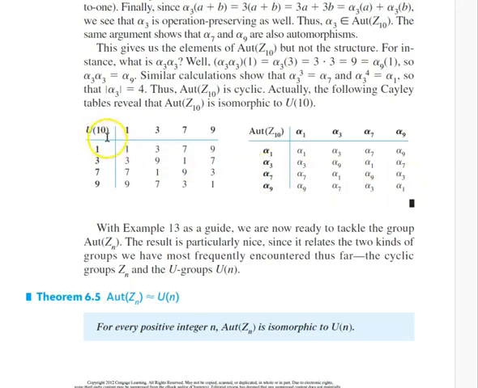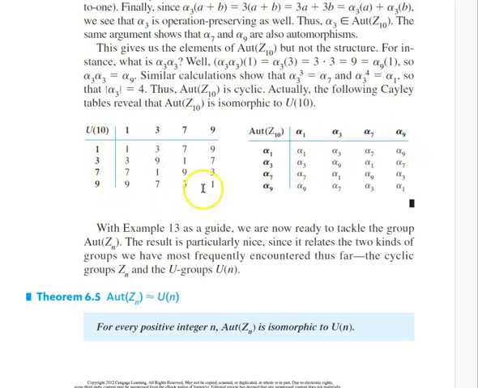But in the group U10, which consists of all integers from 1 to 9 relatively prime to 10, that is, it consists of 1, 3, 7, and 9, just the indexes that we had here, the operation is multiplication mod 10. We have a bijection from U10 to the automorphism group that sends 1 to alpha 1, 3 to alpha 3, 7 to alpha 7, and 9 to alpha 9.